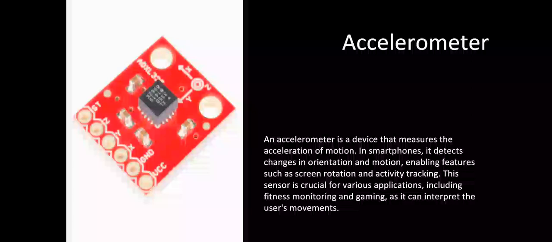When you tilt your phone, the accelerometer detects the change in orientation and automatically rotates the screen between portrait and landscape mode. When you open any gaming application and your mobile screen rotates into landscape mode, this happens because of the accelerometer sensor.